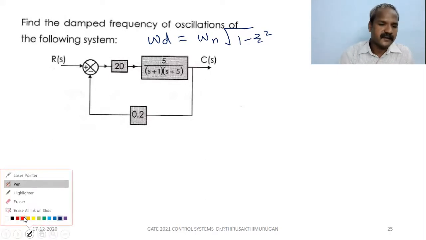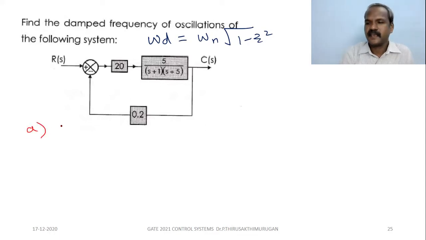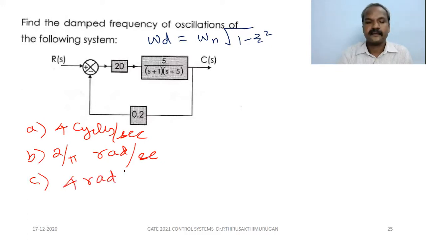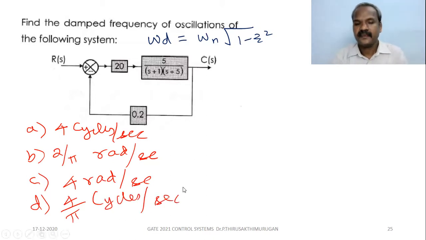For this question, the options are: A equals 4 cycles per second, B equals 2 by pi radian per second, C equals 4 radian per second, D equals 4 pi cycles per second. This is the damped frequency of oscillations.